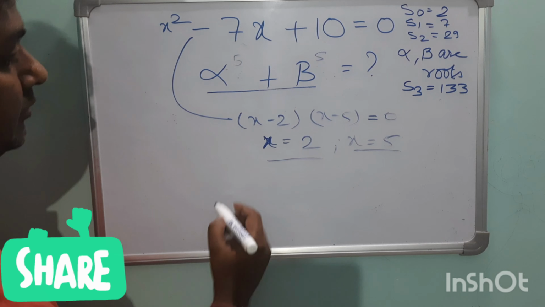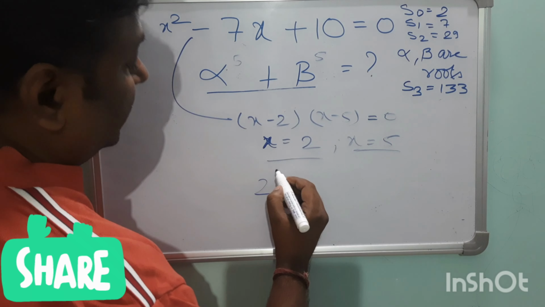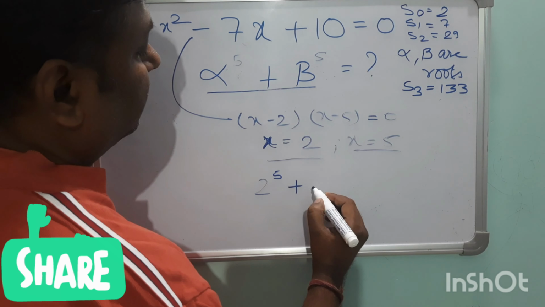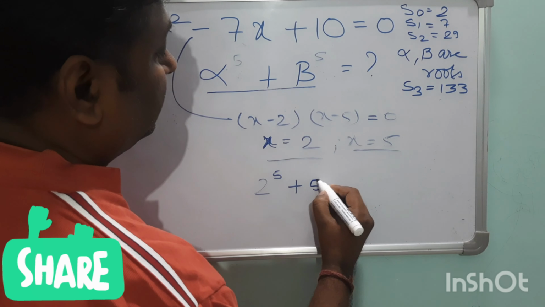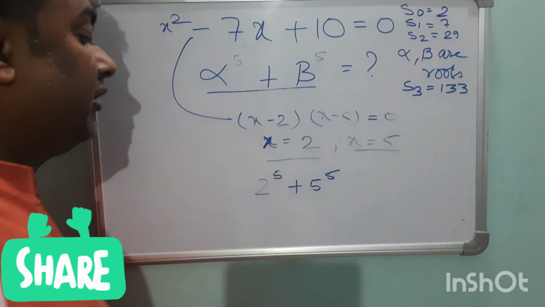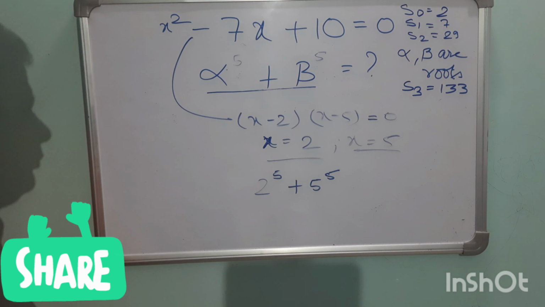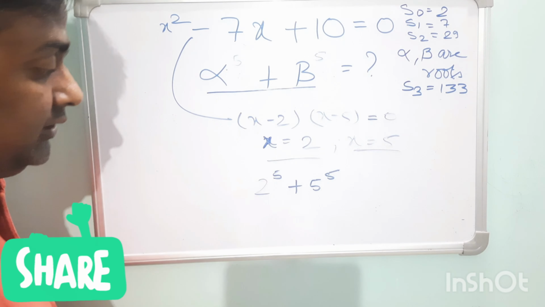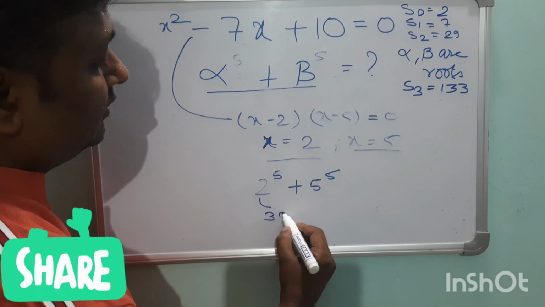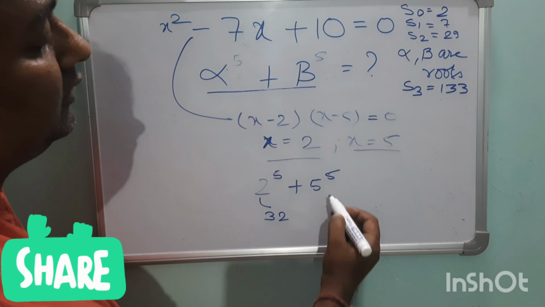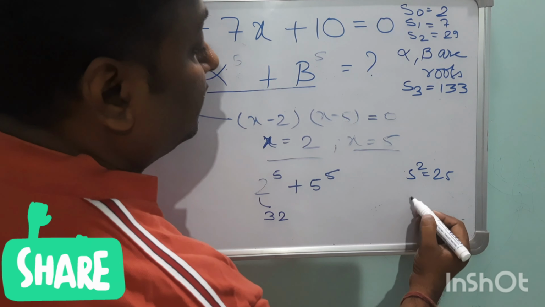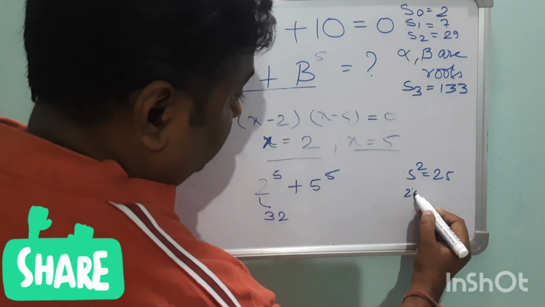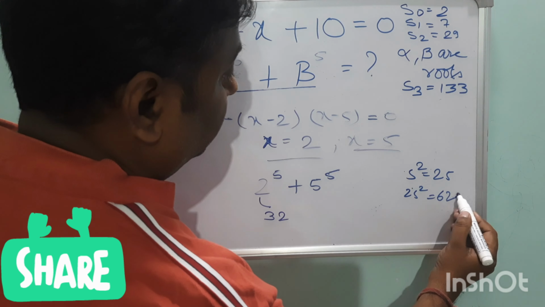Why can we go for it? Because generally, it is not necessary that we will remember the fifth power of every number, but it is a small number, so generally we remember it. So this one is 32, and if you don't remember, you know that 5 square is 25, then 25 square is 625.